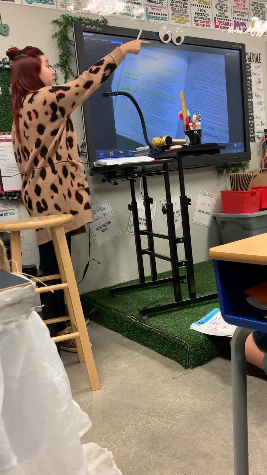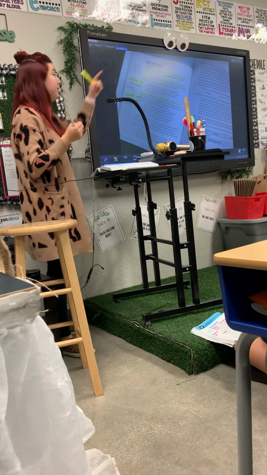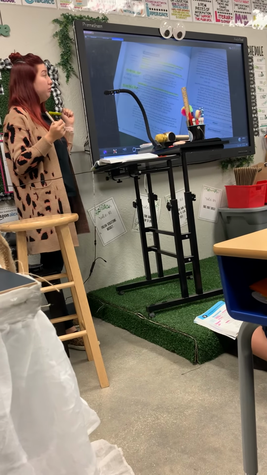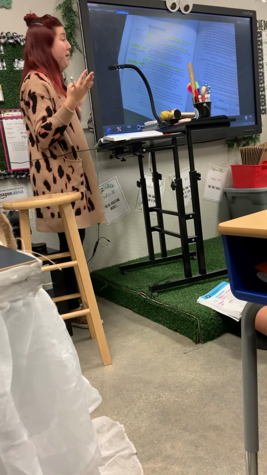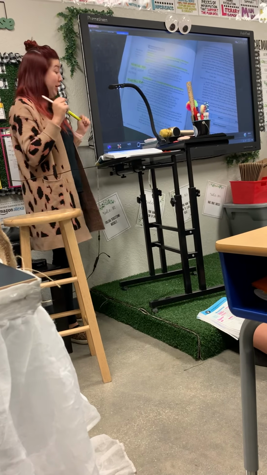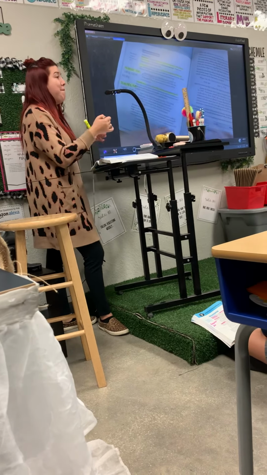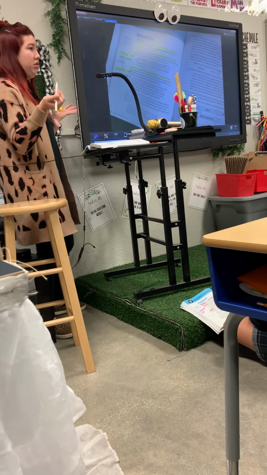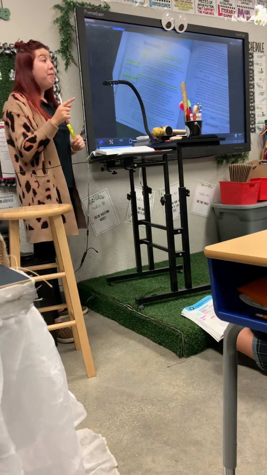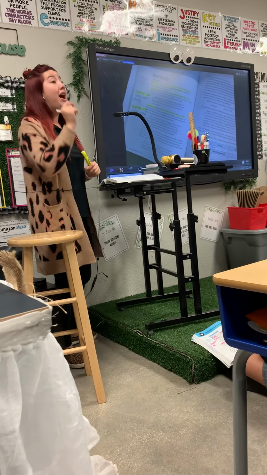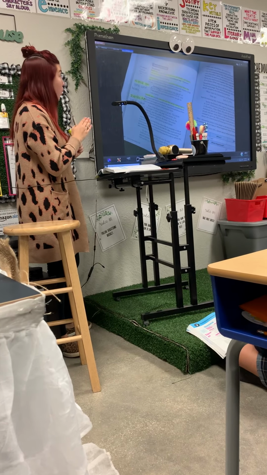A caption, a photograph, photographs, titles, subheadings. Those are all found in many nonfiction texts, okay? You never want to skip them because they're going to give you questions about those text features most likely, okay?